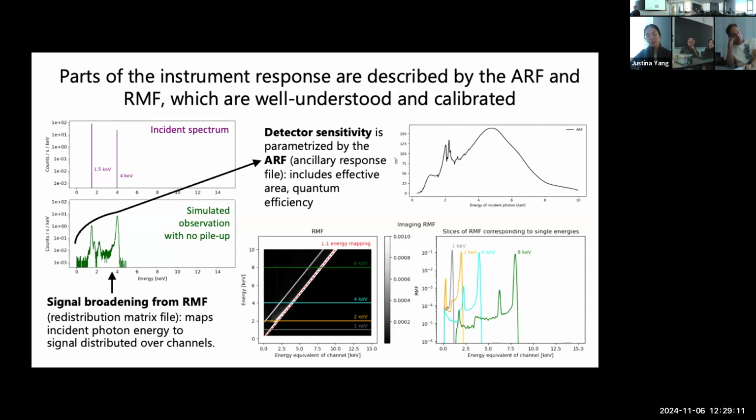So in this particular example that I was showing with simulated data, where the incident spectrum simply has 2 lines, the simulated observation that has no pileup still has some signal broadening of those 2 peaks, which comes from the RMF. The RMF just maps the incoming photon energy to the output channel with some broadening in it.